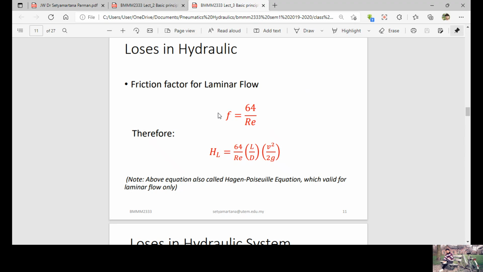If we use this friction factor for laminar flow, it means HL equals 64 over Reynolds number, multiplied with L over D, and then multiplied with the square of V over 2G. The above equation is also called the Hagen-Poiseuille equation, which is valid for laminar flow only.